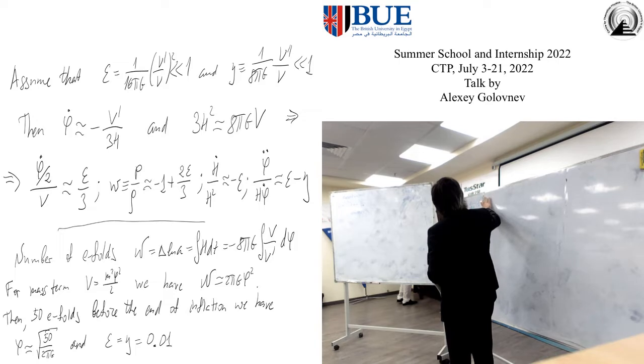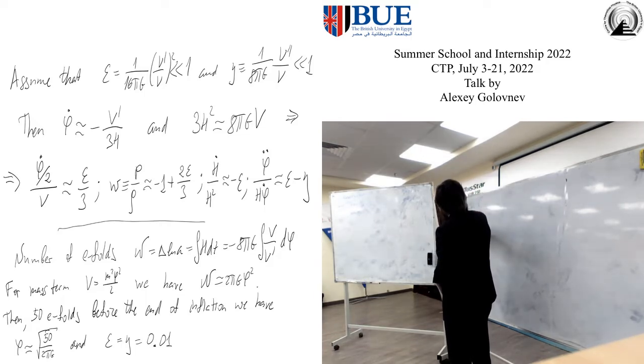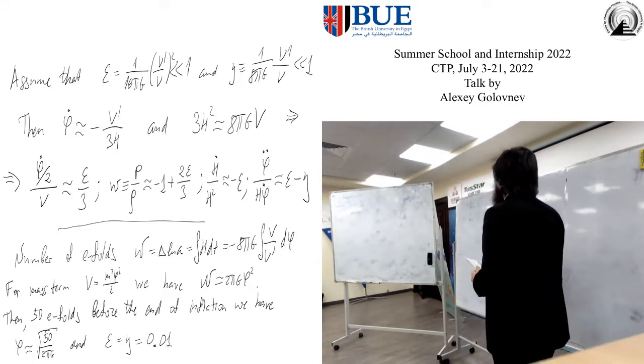But for simple analysis, we need these two slow roll parameters. And as long as they are small, then basically we do have inflation. Parameter eta shows you that the smallness of parameter epsilon doesn't go away fast.